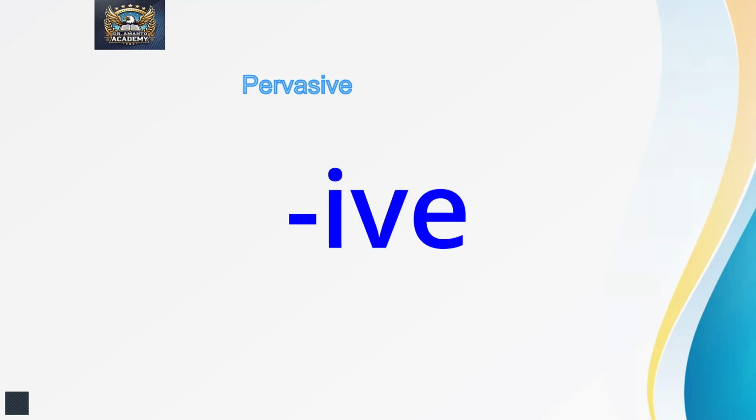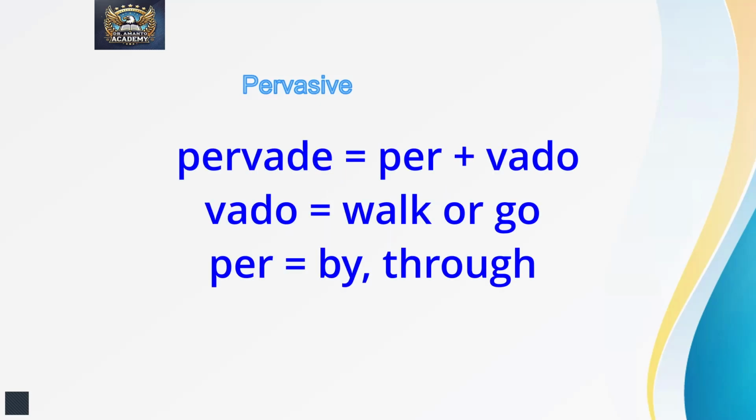Pervasive is an adjective. IVE stands for adjective suffix. Pervasive means something that spreads widely everywhere.